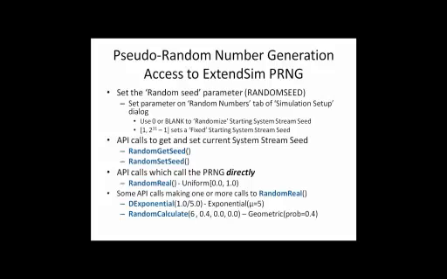And there's two different ways to set that or control it. One is to set it to 0 or blank, in which case we're asking for the starting system stream seed to be randomized. By randomized, we mean that every time a new run starts with the setting set this way, we'll make a call to a system clock to get a new starting seed for the system stream.